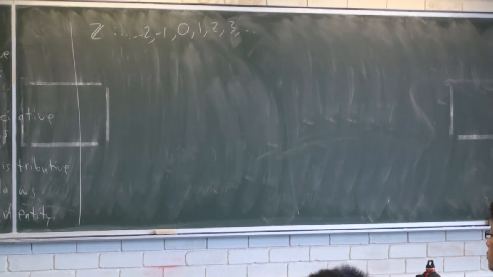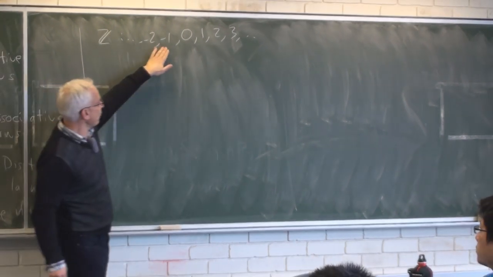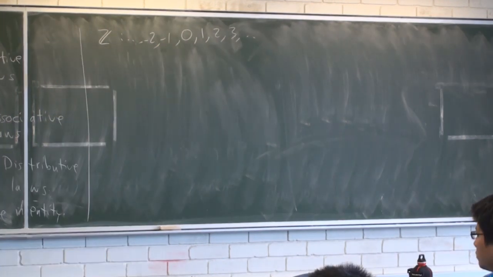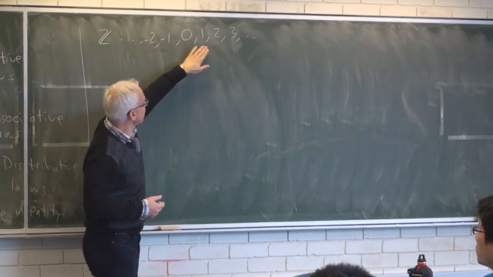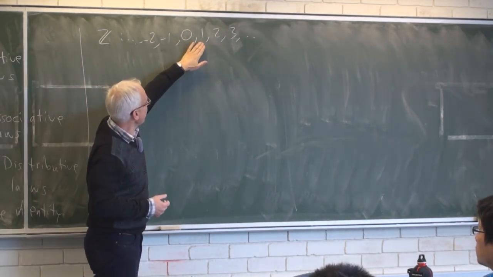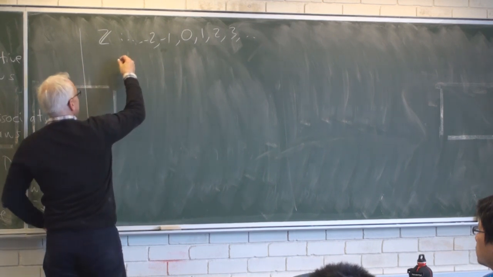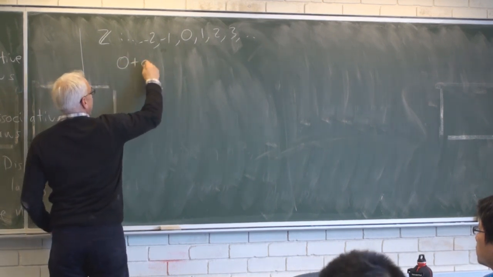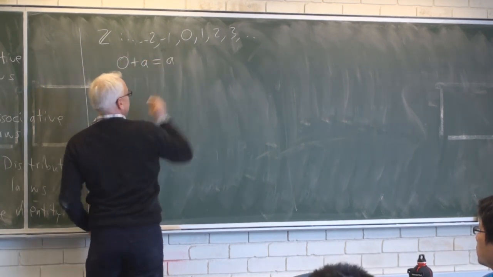We have negative numbers. In particular, we have this number -1. So the presence of this -1 is that it's the additive inverse of 1. So the special new features here are that 0 plus anything is the anything.